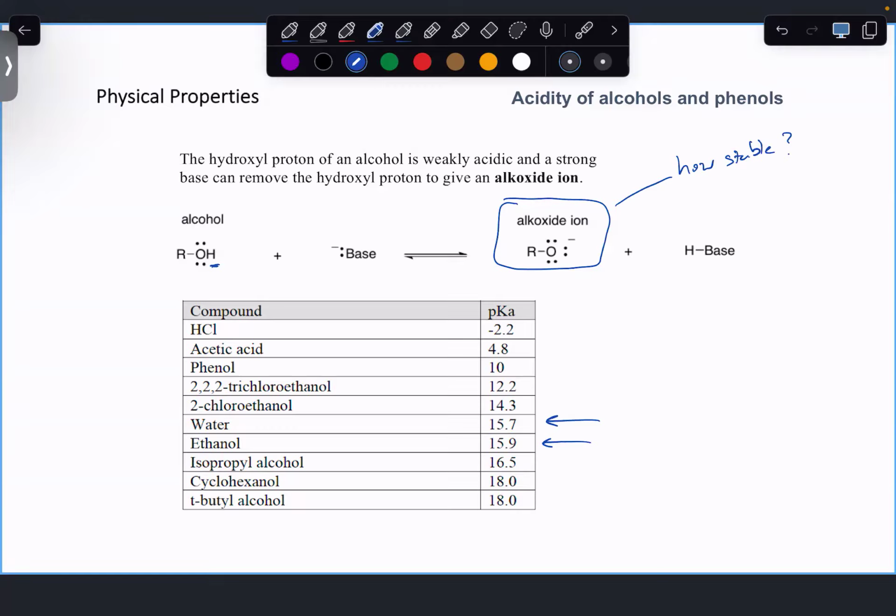The more stable it is, the more likely it will form. Another way of saying that, the more stable it is, the stronger the acid will be. So let's look at some factors that affect that.